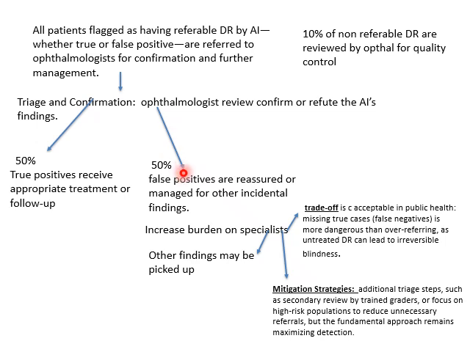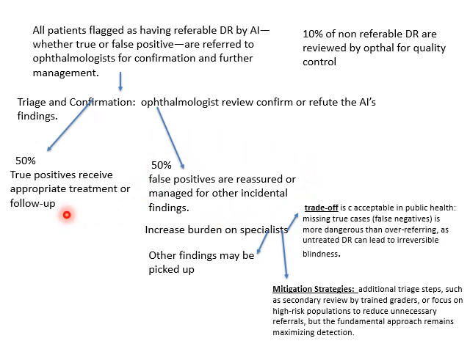Now, when you say, I have a system which is diagnosing 50% right, yes, but for that I have to do an equal number of screenings. Now, where are we as far as public health and costing matters? These false positives, what do they do with them? They are reassured and managed for other incidental findings. Your question again, 50% is a big overload.